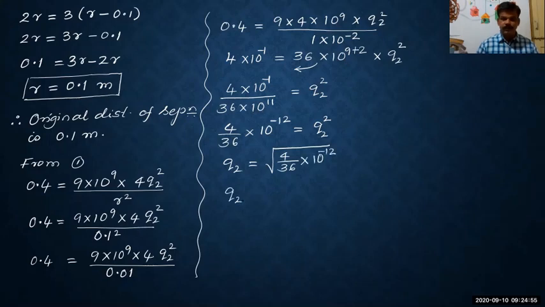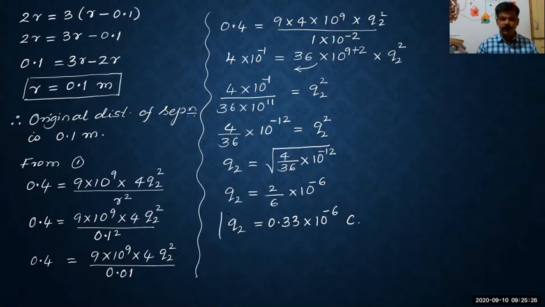Or Q2 is equal to root of 4 is 2, root of 36 is 6 into 10 raised to minus 6. Or Q2 is equal to, if you divide it, then it is 0.33 into 10 raised to minus 6 coulomb. That is the charge.